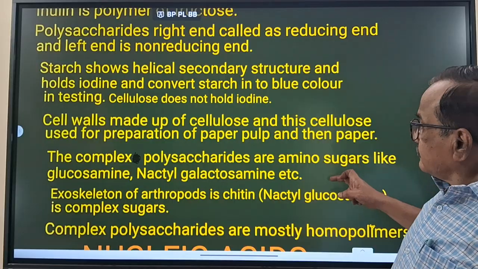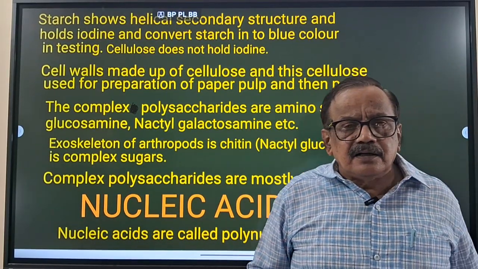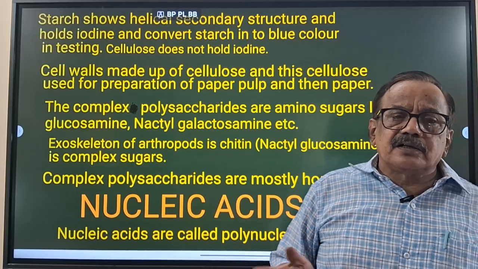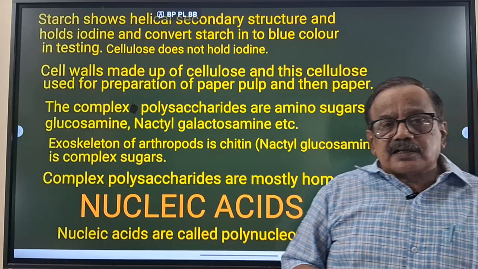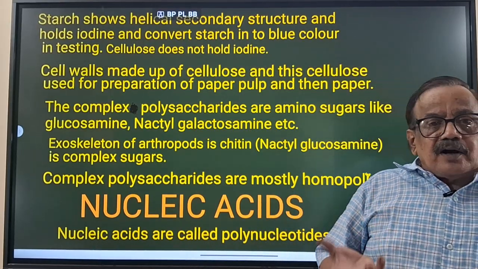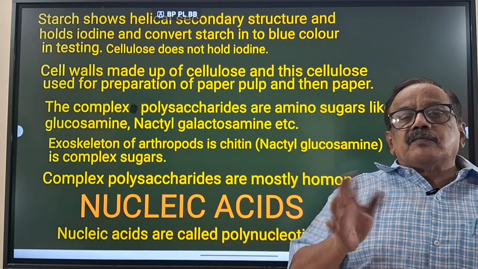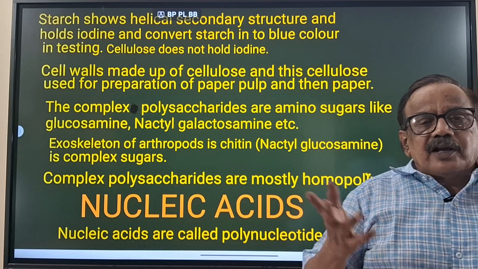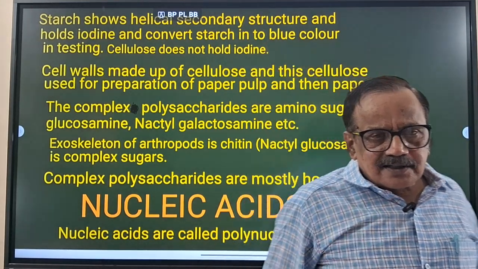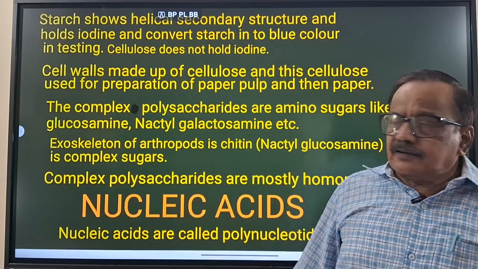Next, one more thing is, up to now we are seeing the simple sugars. Means generally they act as monomers. Some sugars can form complex sugars. For example, he has given a sugar attached to an amino group, that is called an amino sugar, which is called a complex sugar.